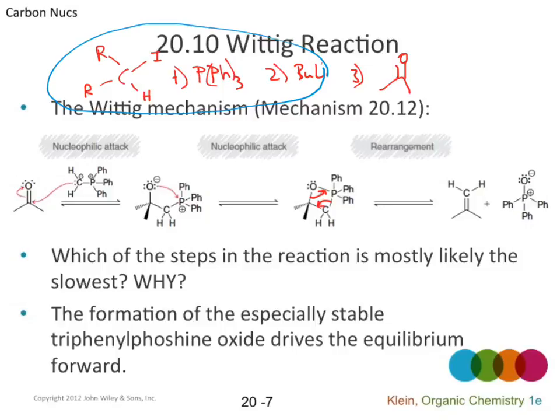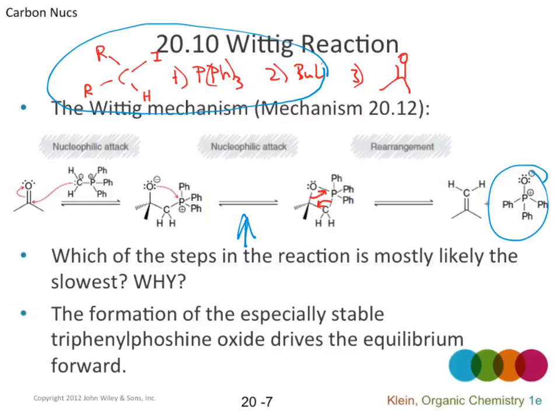Once we've generated the nucleophile, we can react it with pretty much anything we want. In this case, we're going to stick with carbonyls. And one of the main reasons we're going to stick with the carbonyls is that we do have this very, very slow step in the middle here. One of the reasons it's favoring is that we can generate this phosphorus oxide as a product.